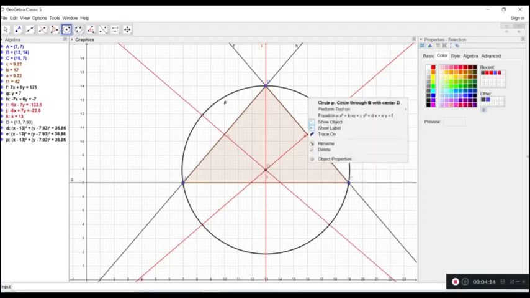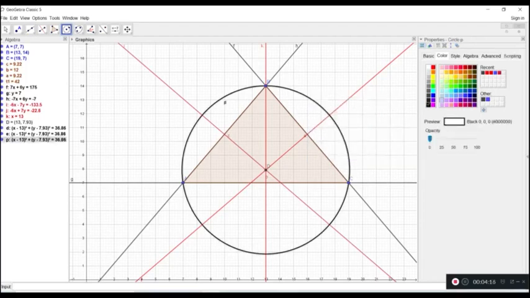Let us change the color of the circumcircle. So this is our circumcircle.